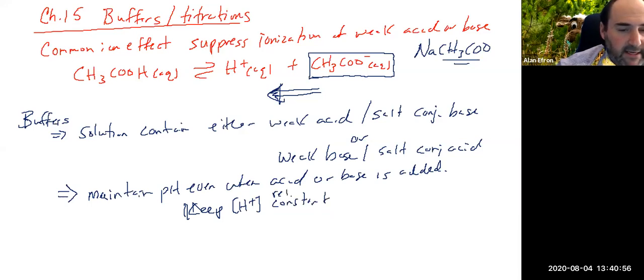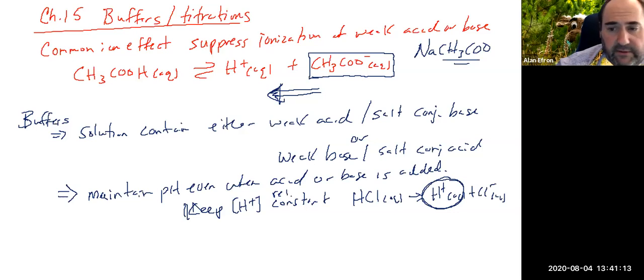And the way it does that is, as we talked about a number of times, if we take HCl just by itself and dump it in water, which is not a buffer, it is going to produce H plus and Cl minus. And it's going to produce a lot of H plus really quickly, so we would expect a pretty good jump in the pH, because the more H plus you add, the more effect it has on the pH of the solution.